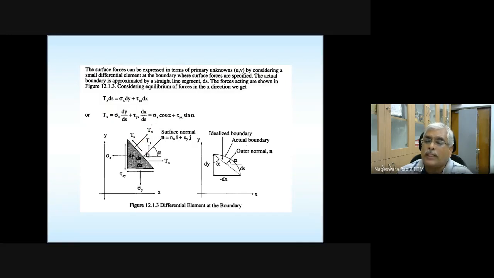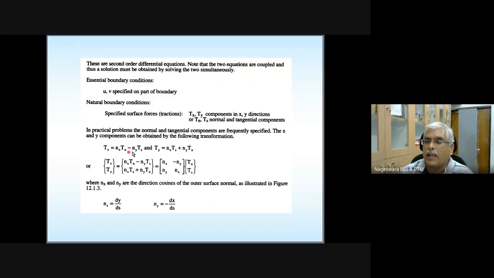So how are TS, TN related to TX, TY? How are these normal forces and tangential forces related to the components of forces along X and Y direction, or how are tractions along tangential and normal directions related to tractions along X and Y directions? The relation is given here, and it is in terms of direction cosines.